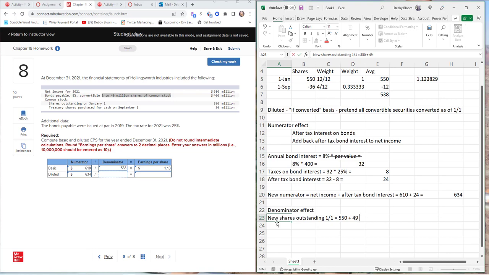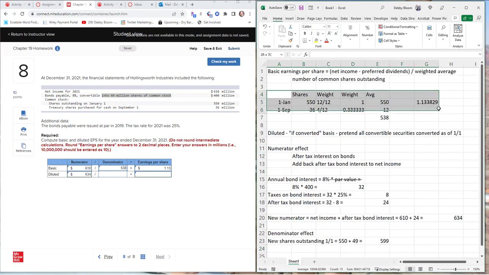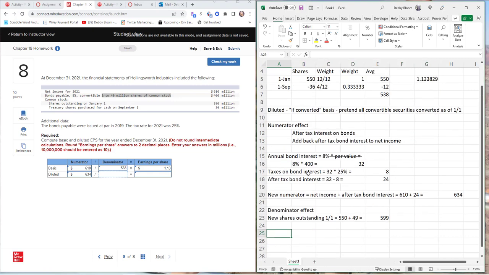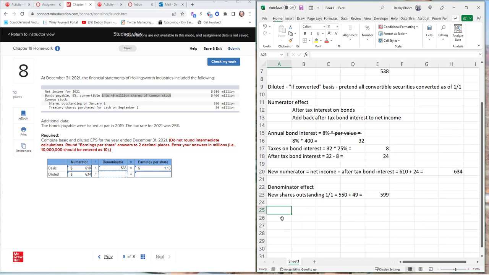So as of the beginning of the year, instead of 550 million, we would have 599 million. Now we're just going to do the same weighted average that I did up here, but instead of starting with 550 million, we're going to start with 599, and in fact, I could really do the same thing right up here.